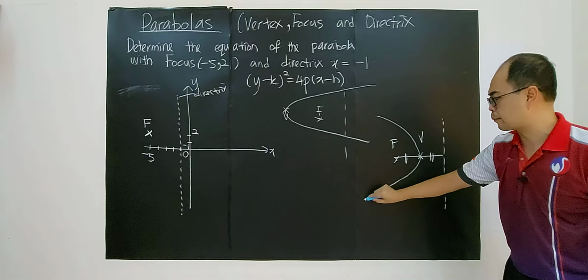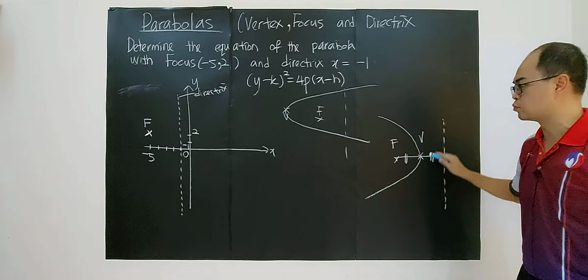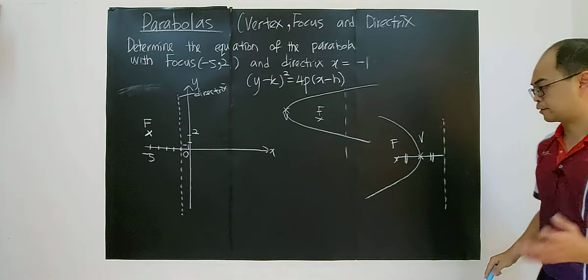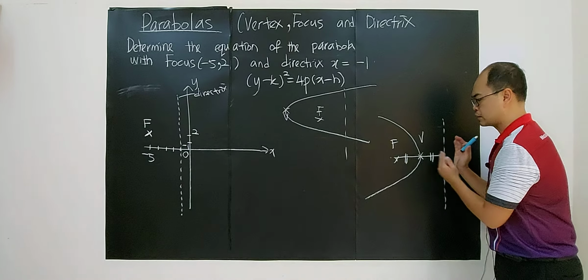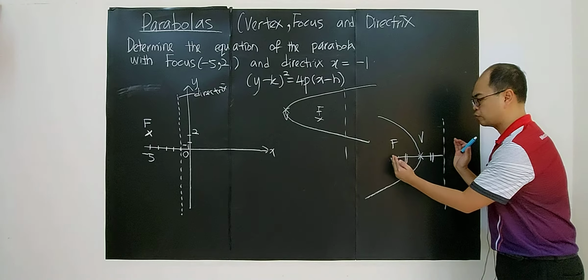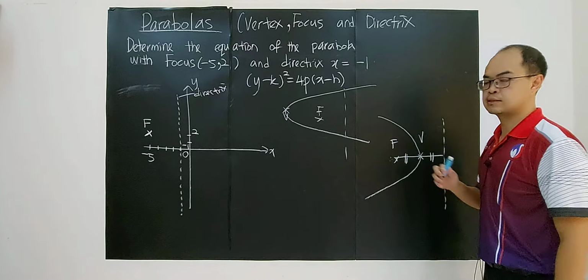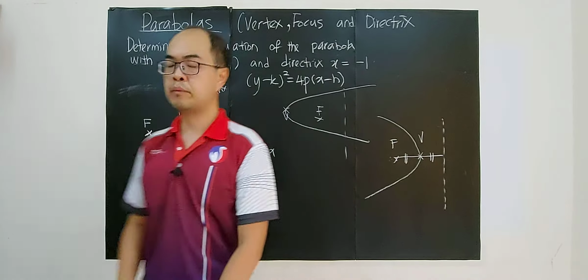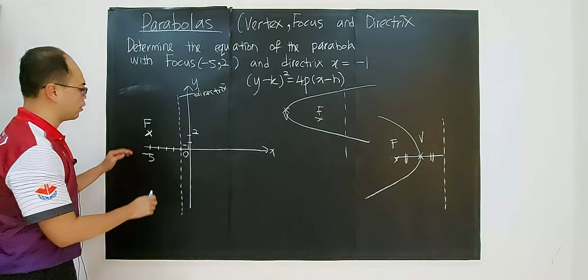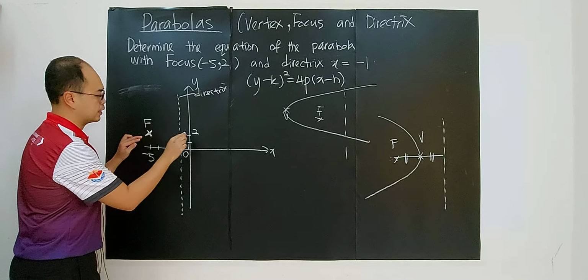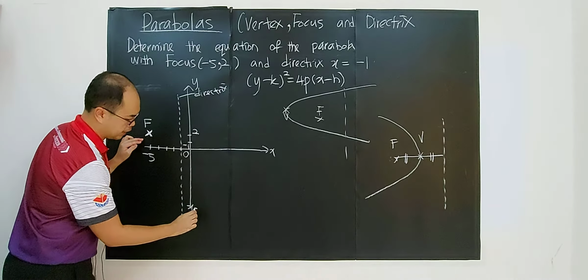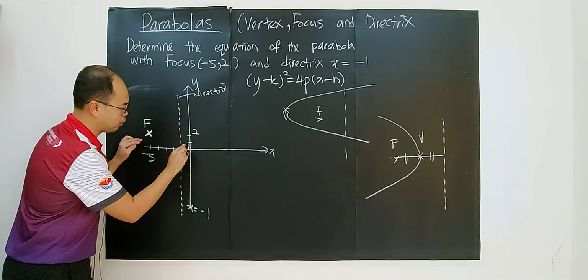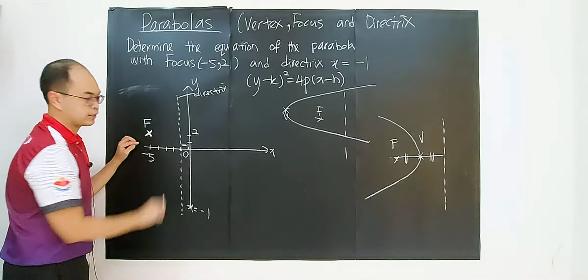So then you know that the parabola will definitely open to the left. Why? The focus is here, and this is the directrix. So the vertex will always be in the middle of the focus and directrix. This is very important information. So it means that we have to find the midpoint between the focus and the directrix. The directrix here is x equals negative 1. It means the midpoint between negative 5 and negative 1, right?